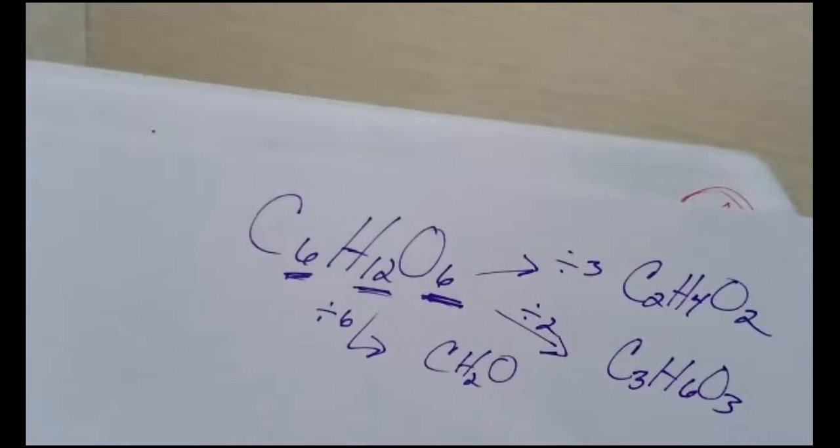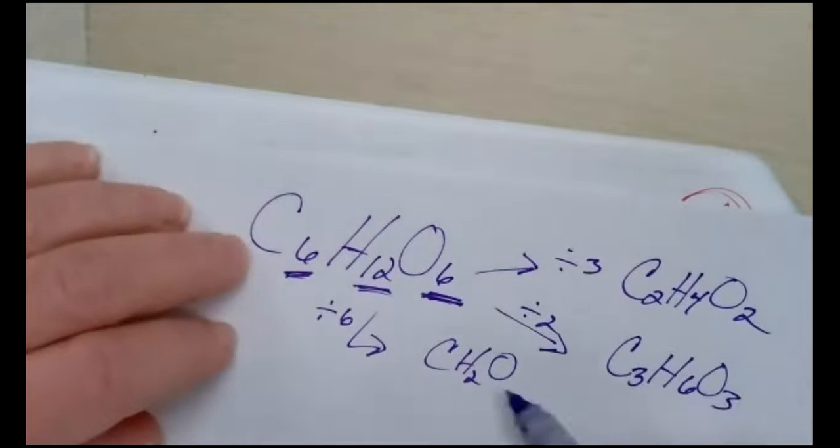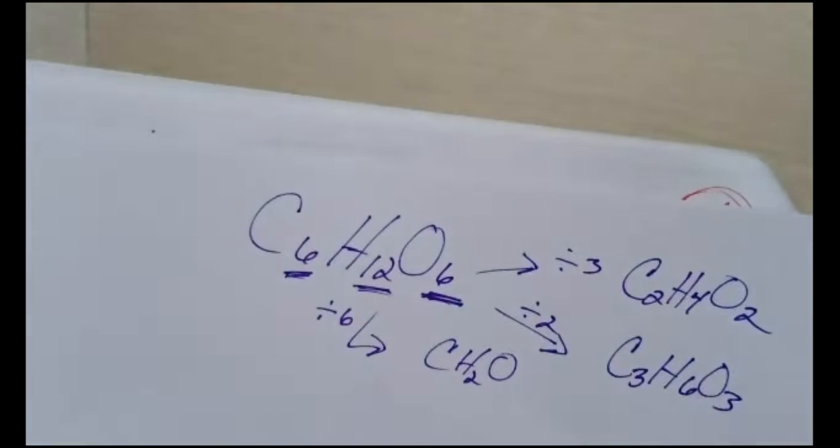If there is even one way that it can be simplified, that means the original is a molecular formula. You just take these multiplied by 3, these multiplied by 2, these multiplied by 6, and you get the molecular formula. They are all different because they have different ratios of elements.